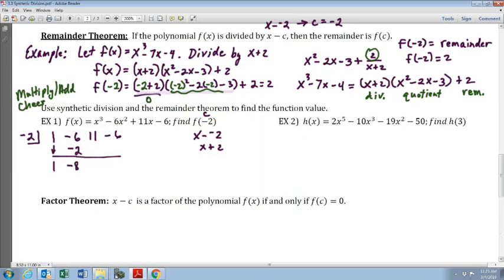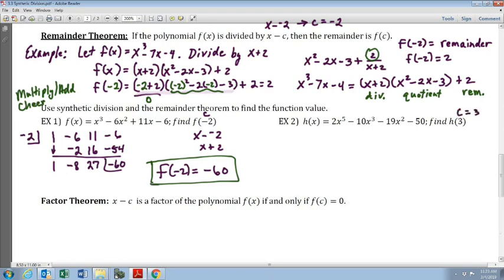We always add the columns. So here we have negative 2 times negative 8, so that's 16. When we add, we get 27. When we multiply, we get negative 54. And when we add, we get negative 60. So that means that f of negative 2 is equal to our remainder, negative 60. So now see if you can do example 2.